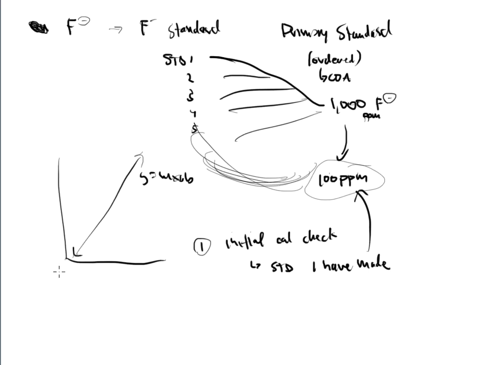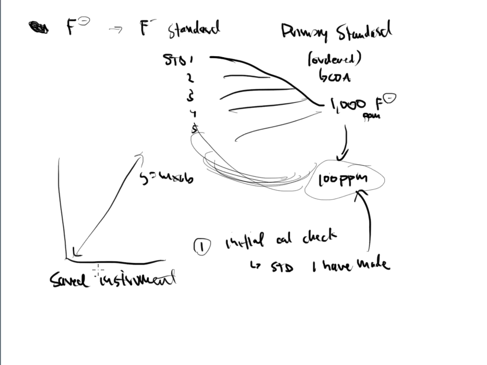But the purpose of the initial calibration check is to say, okay, this is the cal curve that might be saved in the instrument. Yes, folks, instrumentation will create calibration curves for you. We've not walked you down that path yet, but they do. And that instrument can save the calibration curve. And as long as nothing gets majorly tweaked with the instrument, then that calibration curve should be suitable for quite some time, right?